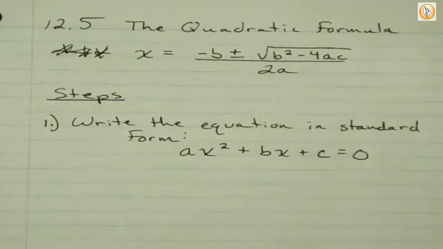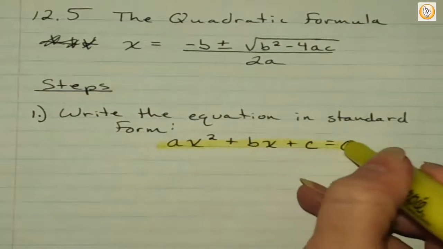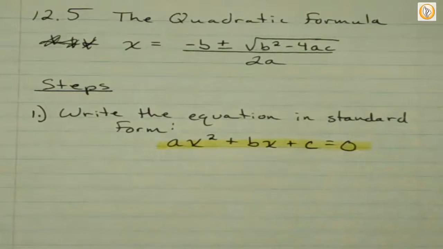And like some of those others, completing the square, you write it in a different way, so it's hard to remember each of these. But the quadratic formula, write it in that form.